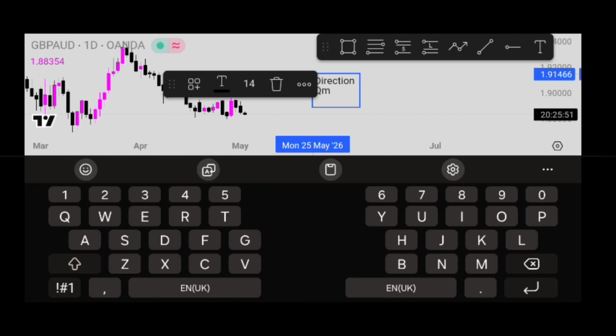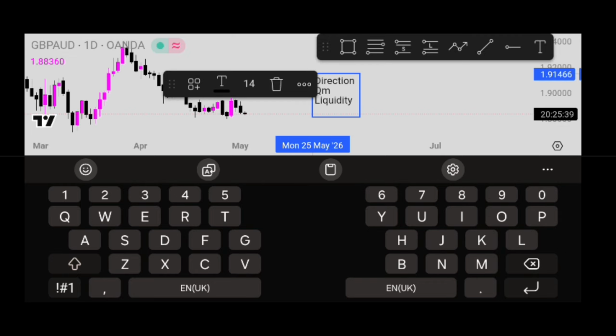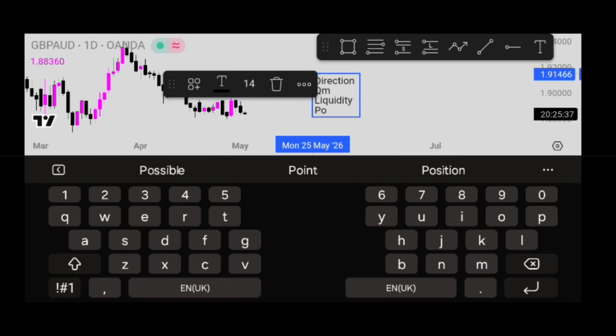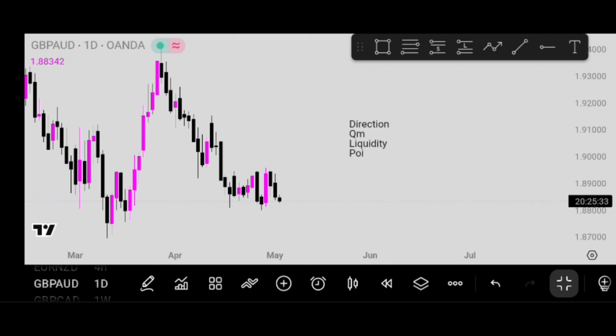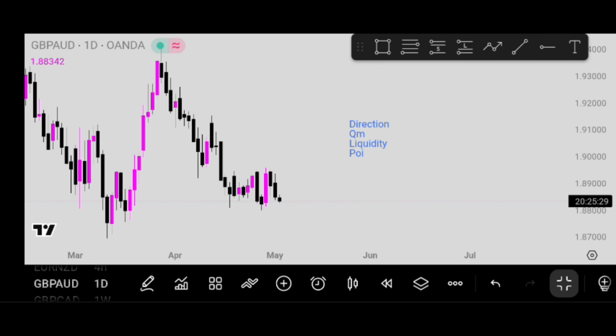After HOM, we look for liquidity. Then after liquidity, we look for point of interest, POI. So these are the things that we look for when we are trading.